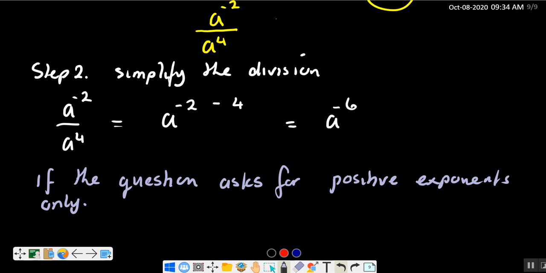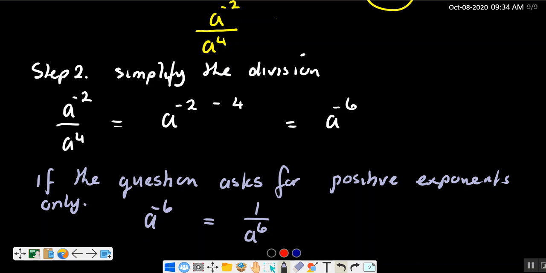If it's positive exponents only, a to the power of -6 must be written as 1 divided by a to the power of 6. So then we've got positive exponents only. Alright?